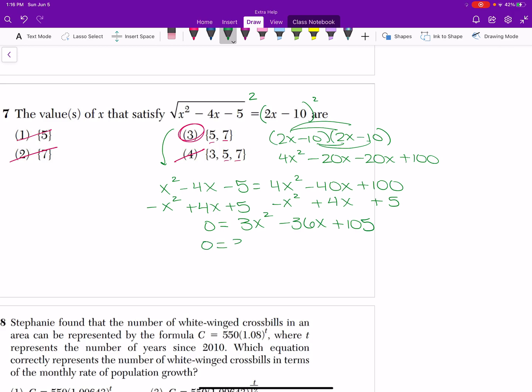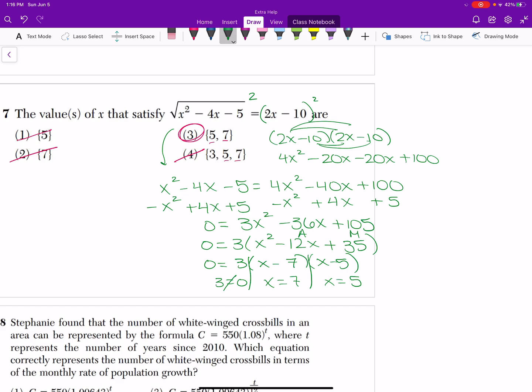I can take out the 3 as a GCF, and then factor the trinomial with the AM method. And then last, set each factor equal to 0. When I go to set the 3 equal to 0, that does not make sense, so the 3 rejects.